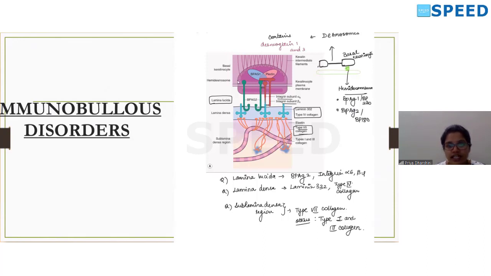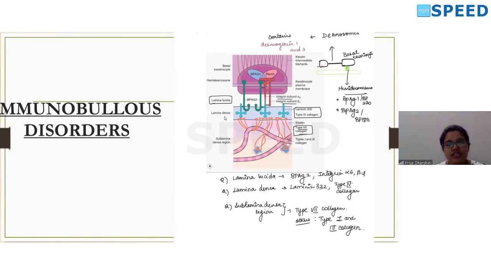What you see here, this is the basal keratinocyte, and this is a hemidesmosome which is present in between the basal keratinocyte and the basement membrane. So hemidesmosome has BPAG1, which is well inside the basal keratinocyte, and BPAG2, it's a J-shaped structure. This is BPAG2.